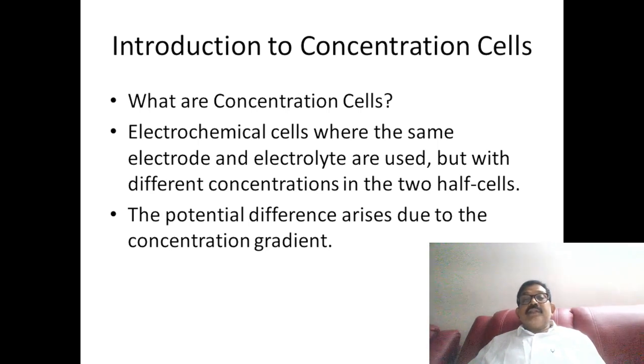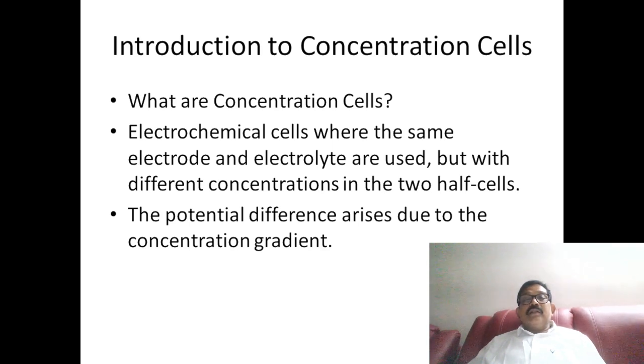So such kind of cell where the same electrode and electrolyte are used, same electrodes, for example copper electrode, both electrodes are copper. Electrolyte, for example copper sulfate: copper rod is dipped in copper sulfate, iron rod is dipped in iron sulfate or iron chloride, zinc rod is dipped in zinc sulfate solution.